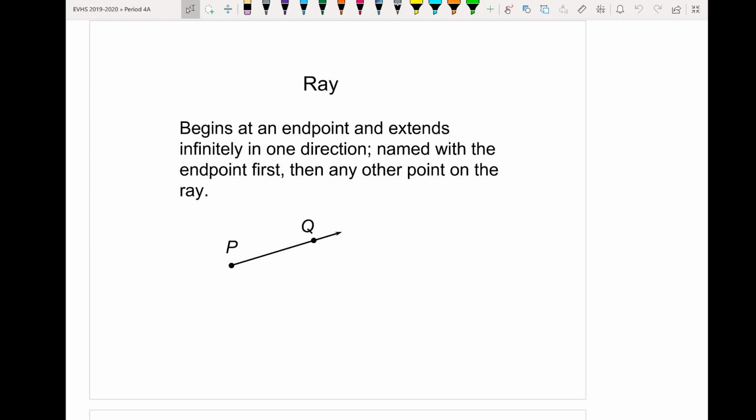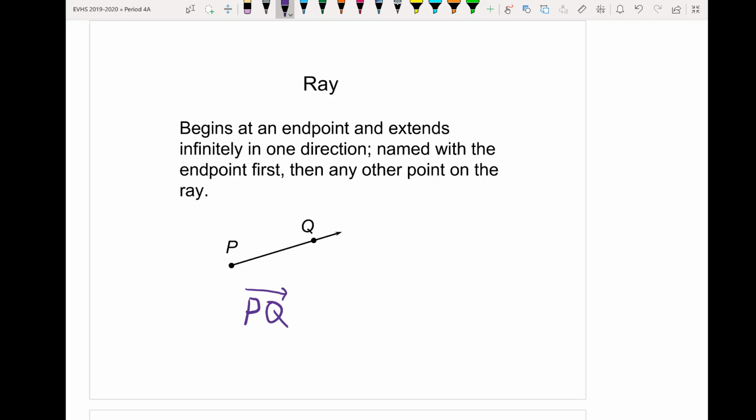Okay, so a ray is another portion of a line, but instead of having two endpoints, it has one endpoint and extends infinitely in another direction. Now, a ray is much more specific on the way that we name it. When we name a ray, we always use the endpoint first and then another point on the ray second. And then our ray symbol always faces to the right.